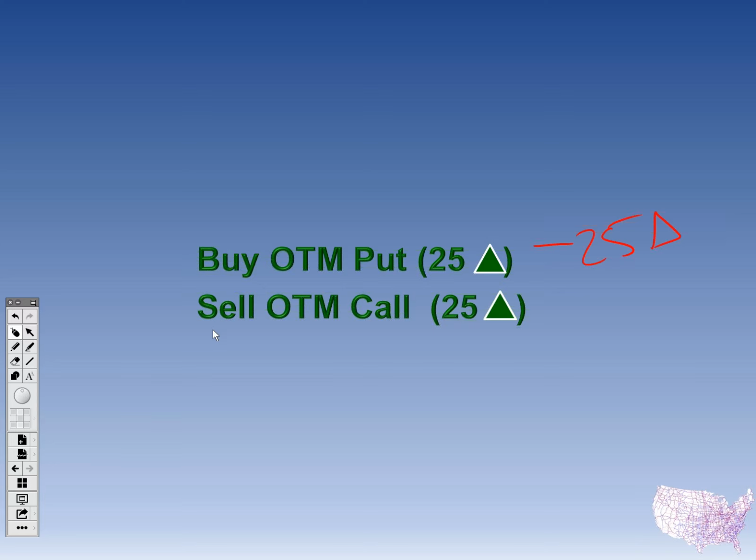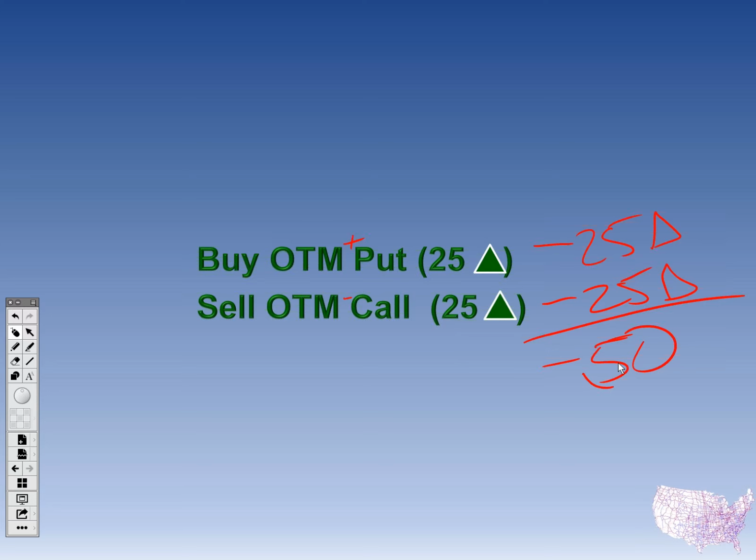Then I want to sell a 25 delta call. If I'm selling that call, that also makes those deltas negative. So I'm negative 25 deltas there. That all adds up to negative 50 deltas. Okay, and that's the risk reversal.